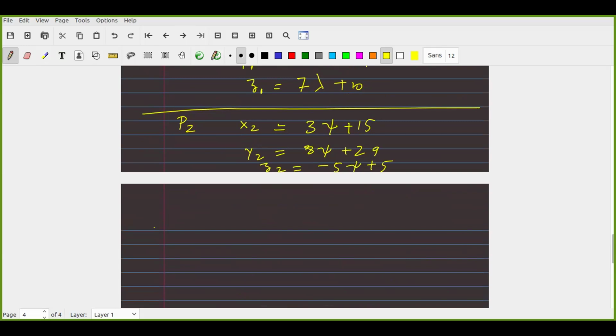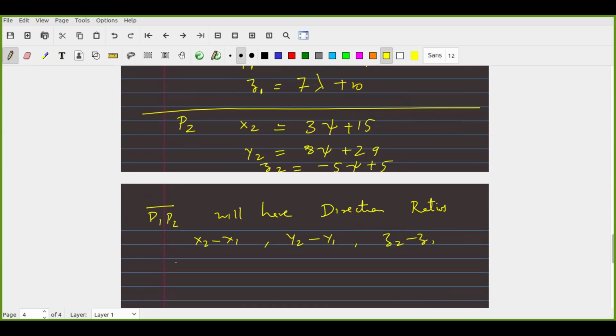So this line segment P1, P2 will have direction ratios as x2 minus x1, y2 minus y1, z2 minus z1.